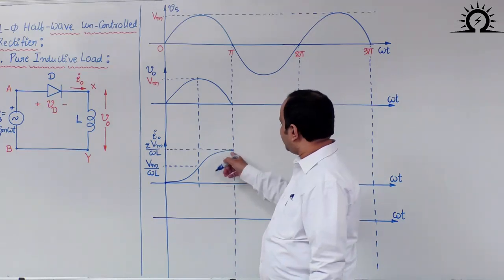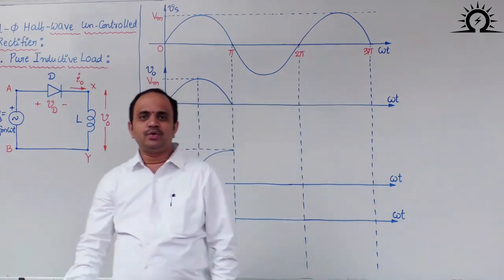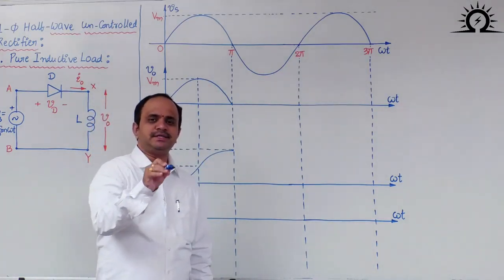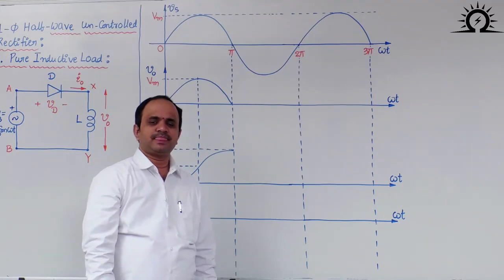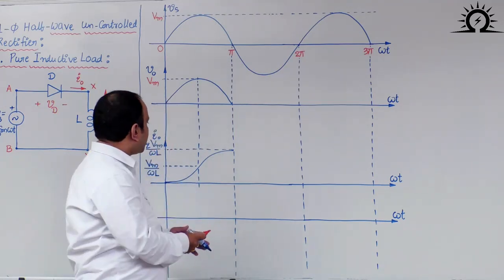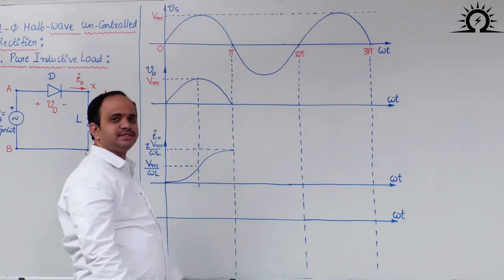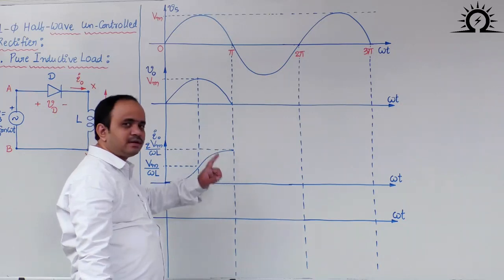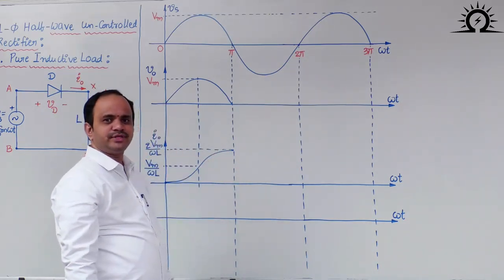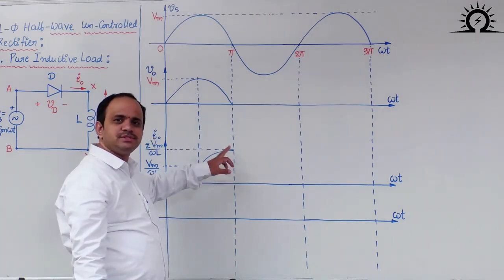It is 2 Vm by omega L. If you recollect the diode switch definition, for a diode to be considered as a turn off switch, current should have a 0 crossing. So because of this finite value of current, you cannot consider the diode as a turn off switch. Diode can be treated as a turn off switch only at the instant this current reaches 0.